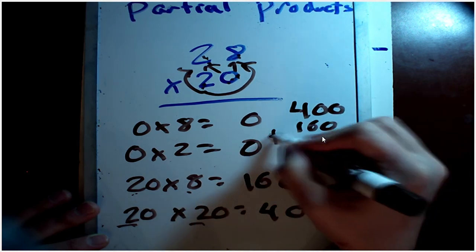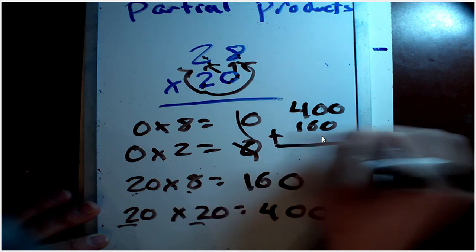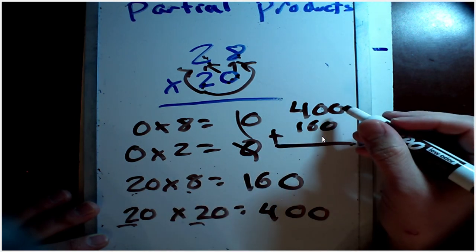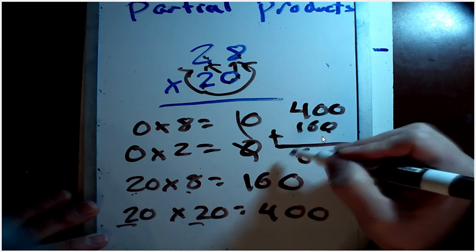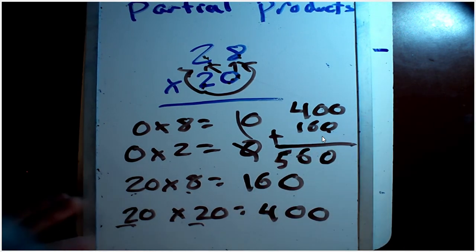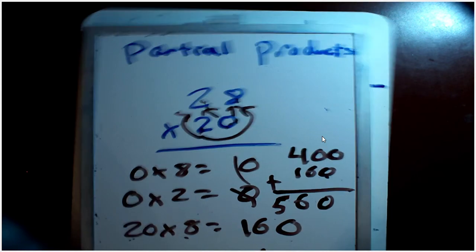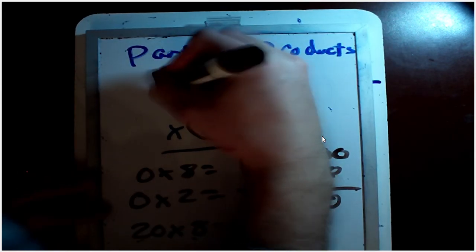We don't need these zeros because we know 0 plus 0 is going to equal 0. Any number plus 0 is going to equal that number. 0, 6, 5. And that is the partial products. They call this the expanded algorithm.